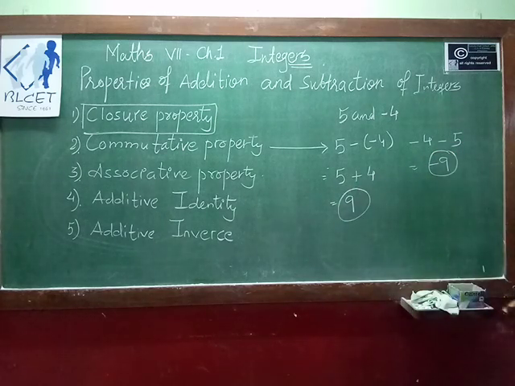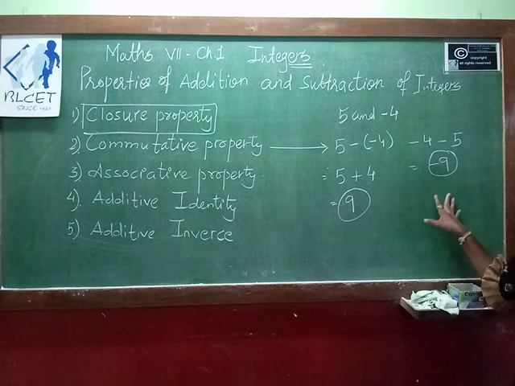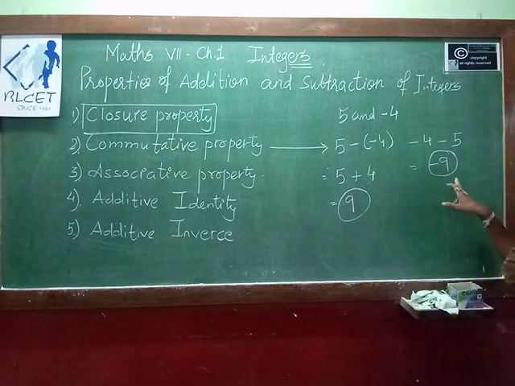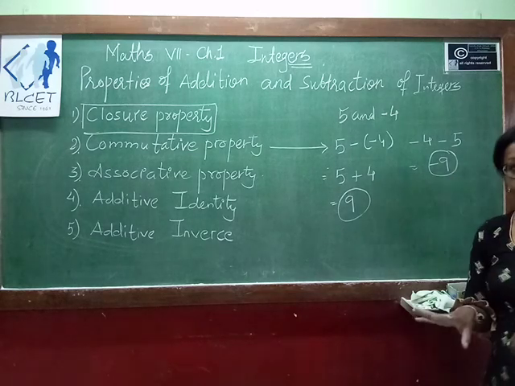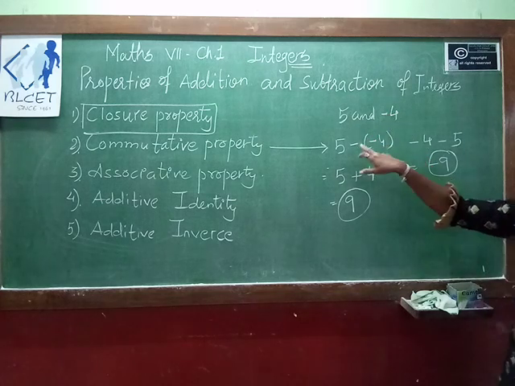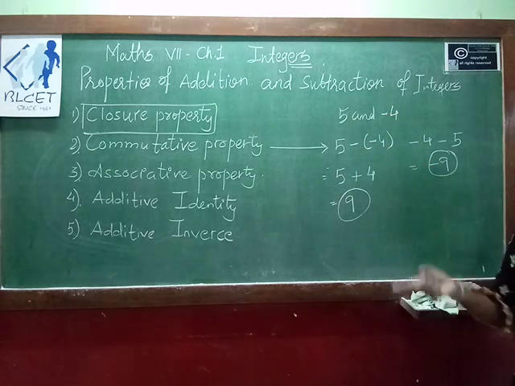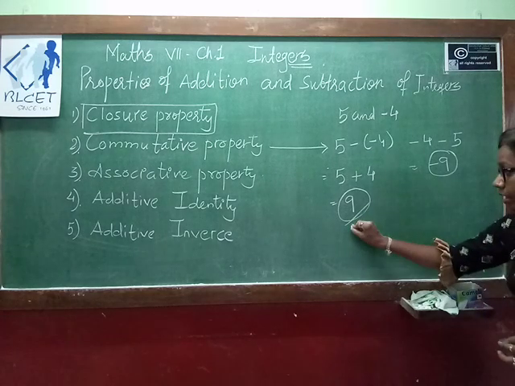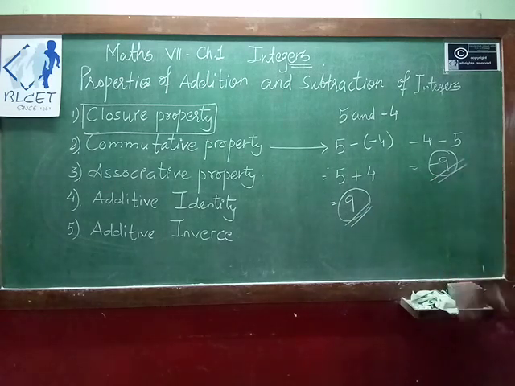See the answer: one is positive, one is negative. It doesn't mean both are the same. Here I am getting plus 9, here I am getting minus 9. So what can we say? For subtraction, if you choose two integers and change the order of subtraction, you are not getting the same answer.